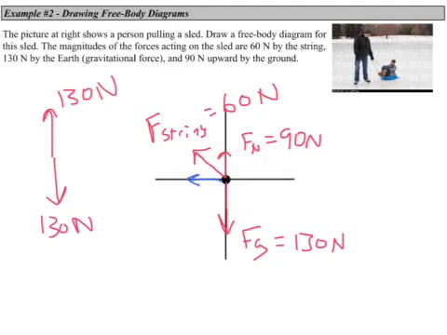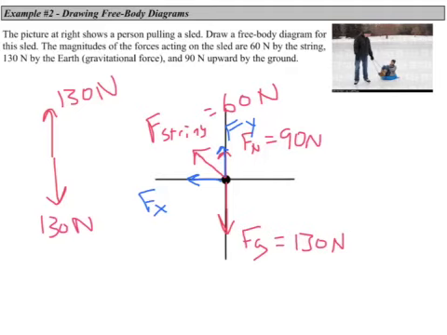We've got the force of the string in the x direction, and the force of the string in the y direction. The force of the string in the y direction serves to decrease this normal force, and if we were to add up the force in the y direction plus the normal force, it would equal 130 newtons.